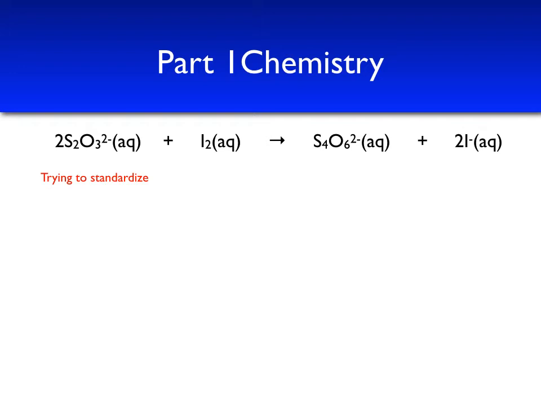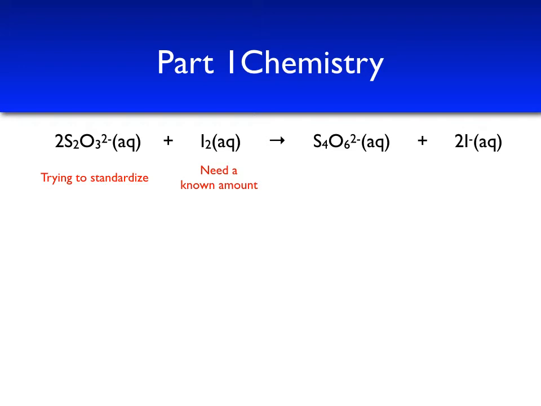In this experiment, we take advantage of the reaction between thiosulfate and iodine in solution to form S4O6 2- and 2I-. Now, in order for our standardization to work, we actually need a pretty well-known concentration of I2.